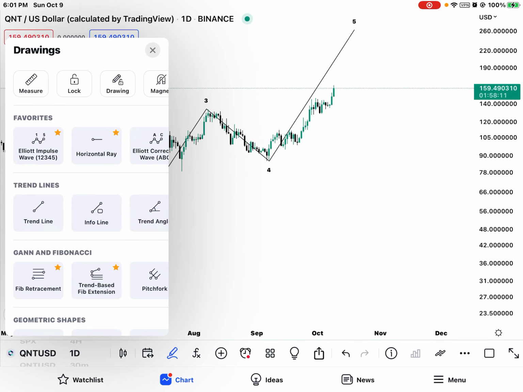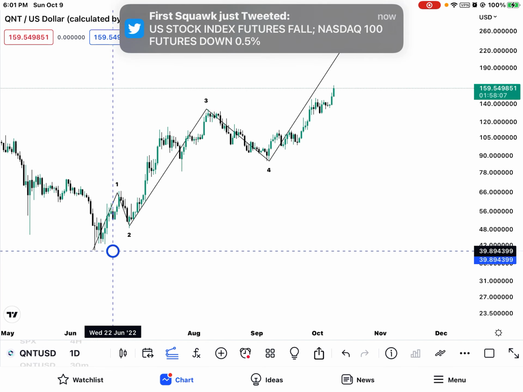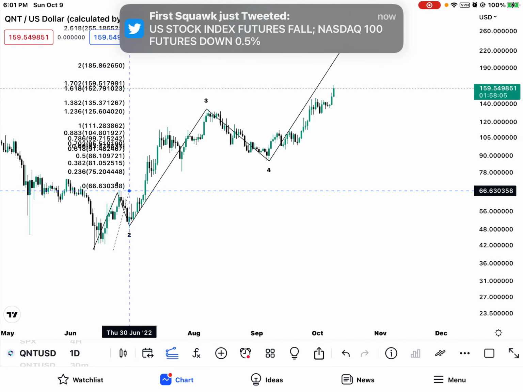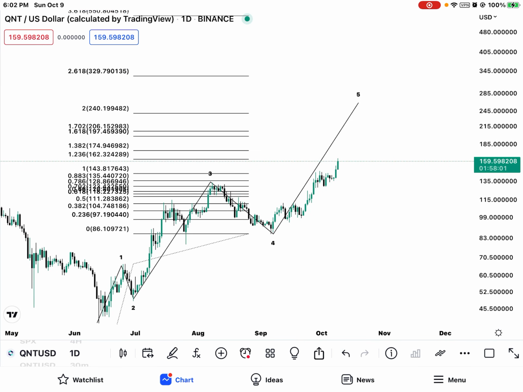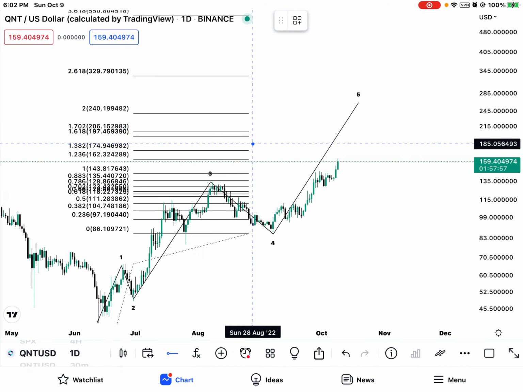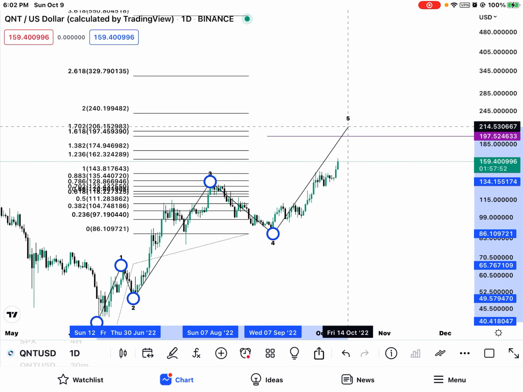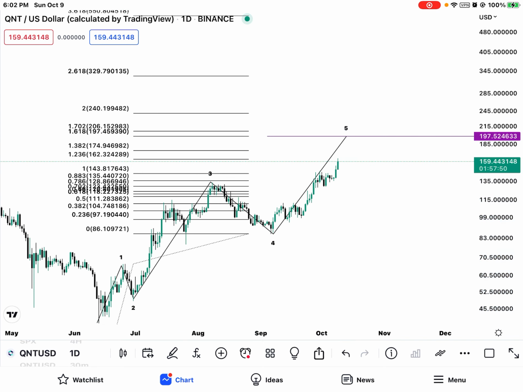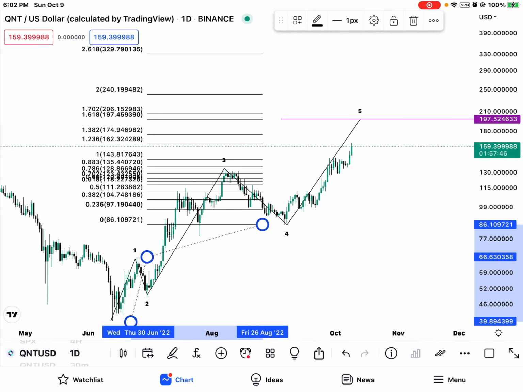All we have to do is take a trend-based Fibonacci, go from here to here, and up to here. And our 1.618 takes us to 197.